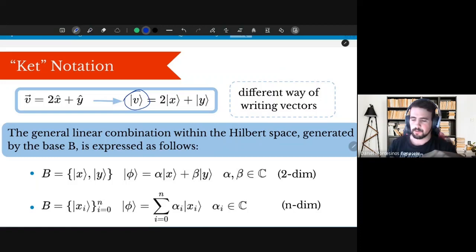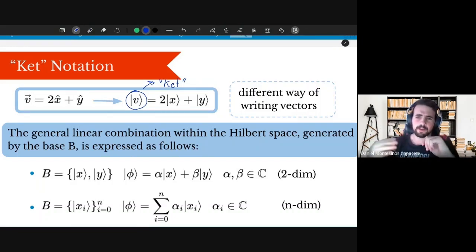And it's just a different way of writing a vector, right? This expression is called a ket. When you write the vector in this way, it is usually called a ket.